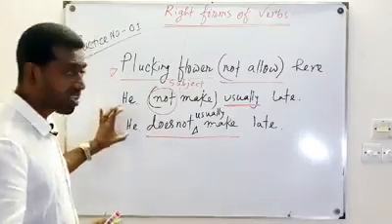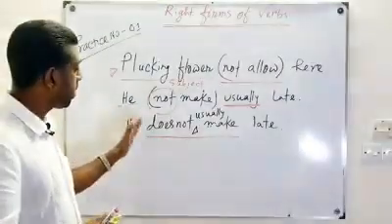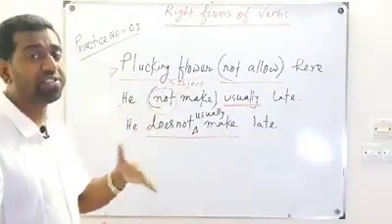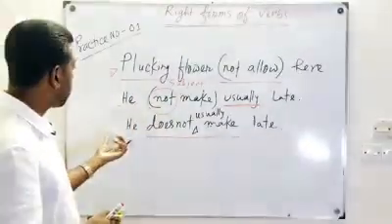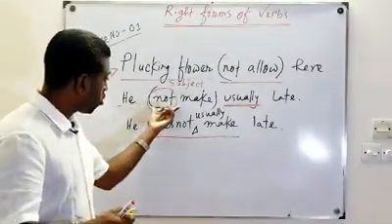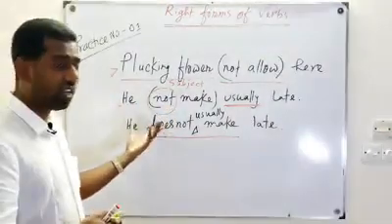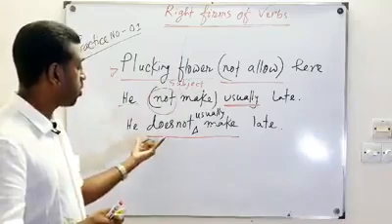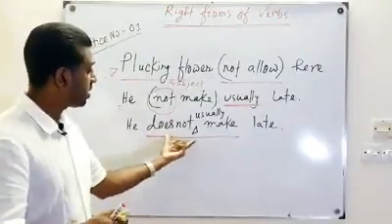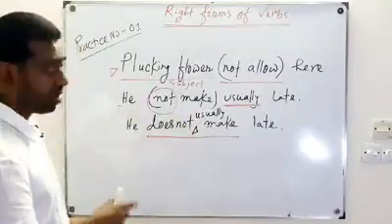If the subject is active, you need not bring any auxiliary verb related to am, is or was, were, right? So you see not here, that's why you have to bring an auxiliary verb, do, does or did, third person singular, so verb will be does: doesn't usually make late.